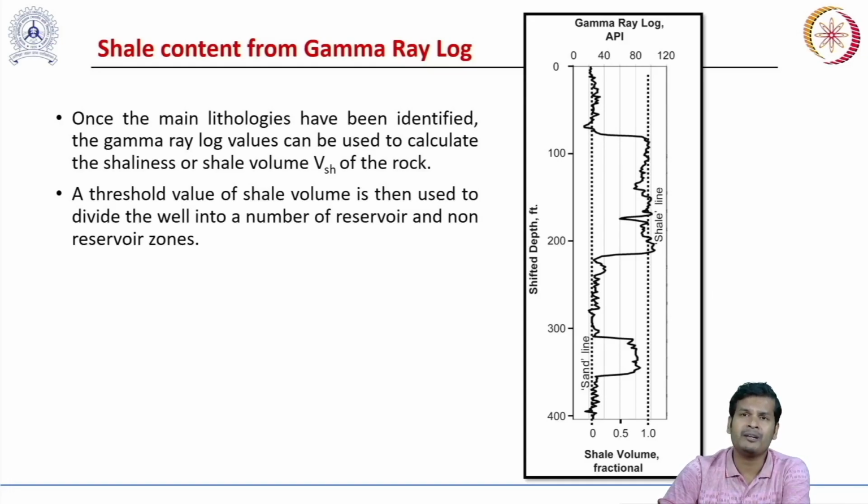It may contain fluid but not in sufficient amount, with good porosity and permeability so that it can flow. So only the rock which has shale content less than the threshold value can be described as the reservoir rock where a sufficient amount of hydrocarbon would exist which could be produced. Threshold values could be defined on the basis of the logging engineer or the geologist's expertise and depending upon the formation rock and fluid properties.